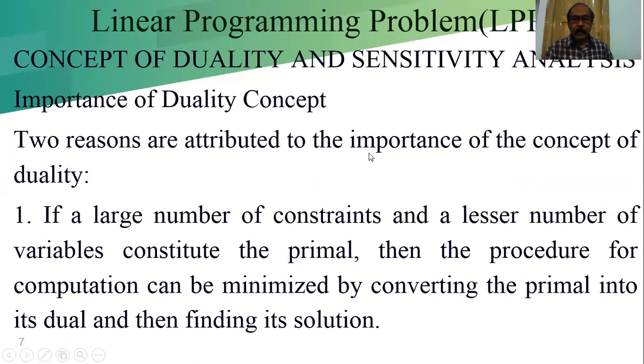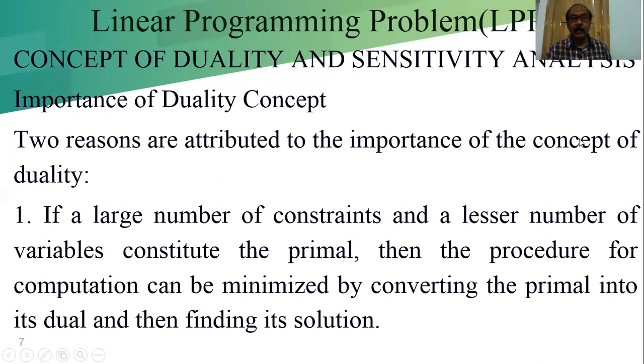Suppose we have 5 constraints and 2 variables. For each and every constraint we need a slack or surplus variable. How many slack or surplus variables do we need for the 5 constraints? 5 variables. So ultimately what we will get? 2 plus 5, 7 variables. 5 constraints, 7 variables. But if we convert it from primal to dual, we will get 2 constraints only, but we have 5 variables.